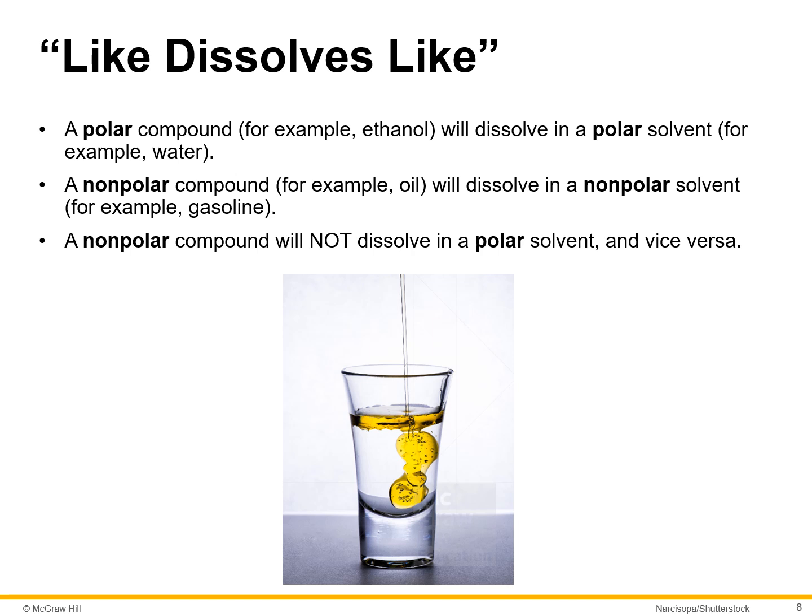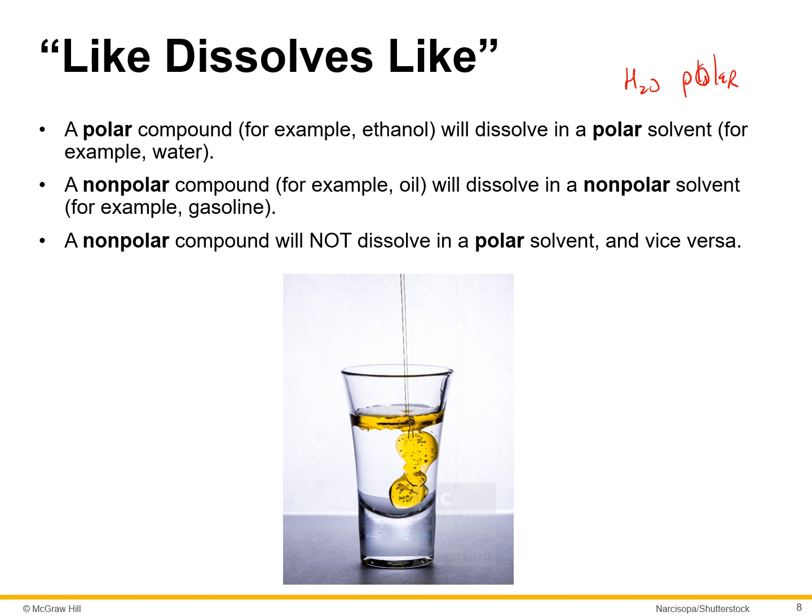We have this saying, like dissolves like, and you can probably see this experimentally. When you put ethanol, which is a big component of the alcohol that we drink, in water, and water is polar, so I'll just write here H2O is polar, it will dissolve.